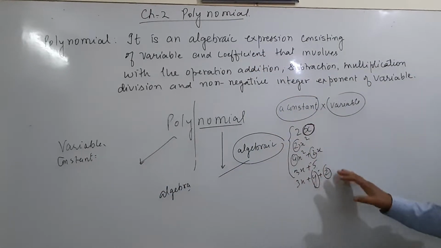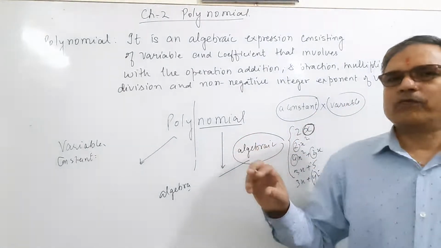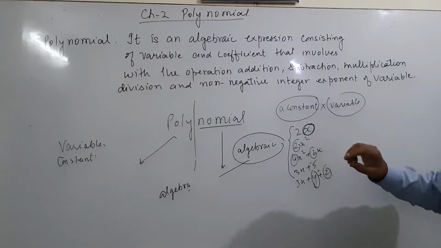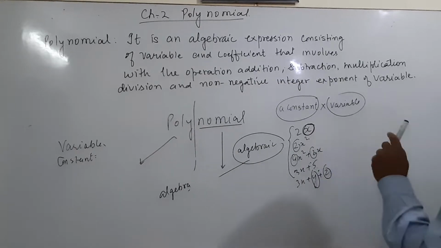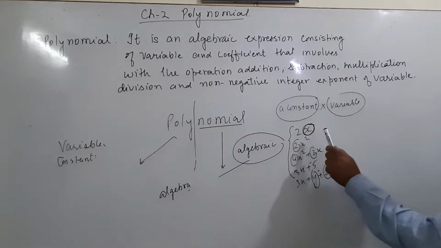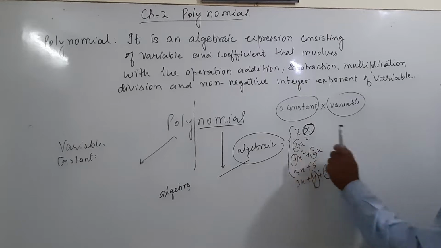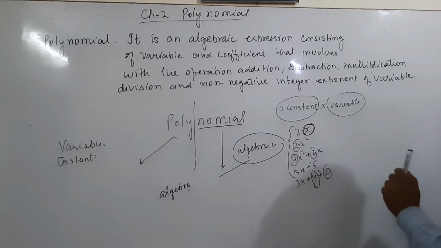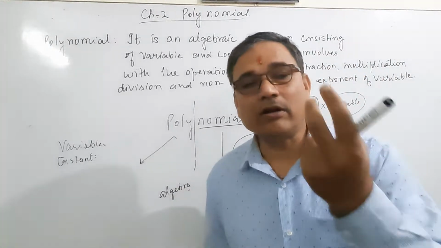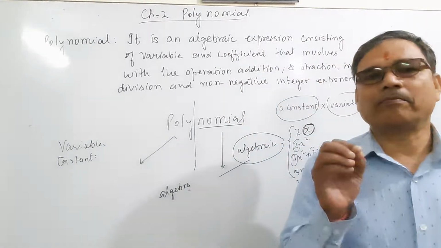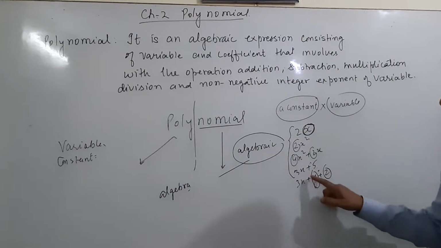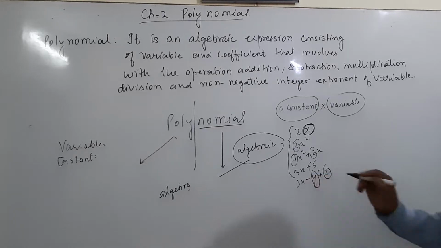The algebraic expression which contains constants and variables and the coefficient. Here we have to know the coefficient, the coefficient is 2, the coefficient is 4. It involves the plus sign, minus sign, multiply and divide.